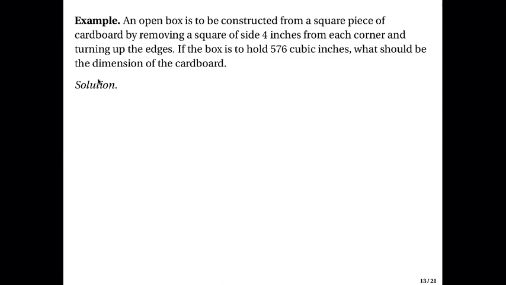So again, an open box is to be constructed from a piece of cardboard by removing a square of side 4 inches from each corner and turning up the edges. If the box is to hold 576 cubic inches, what should be the dimension of the cardboard?